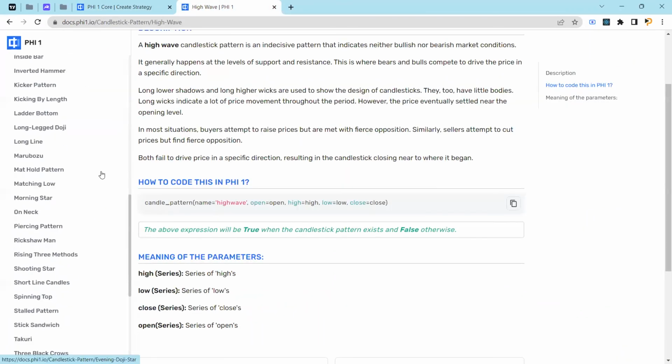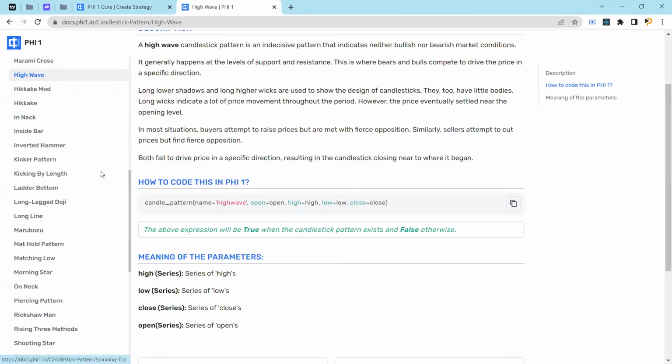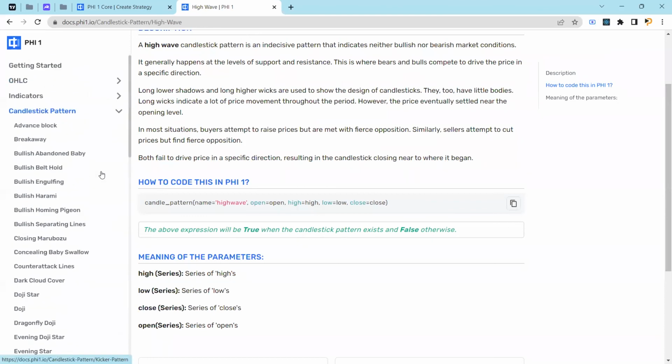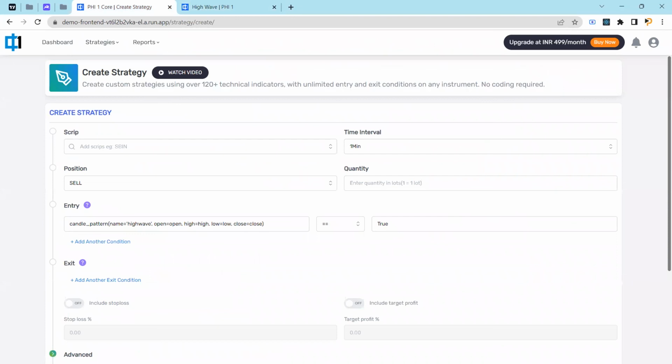Many of these well recognized candlestick patterns are already pre-created for you, so you don't have to code each and every condition. There are conditions like there should be 2 green candles and then there should be a red candle. All of that programming is already done for you. You can just copy and paste these conditions from here to your create strategy page.